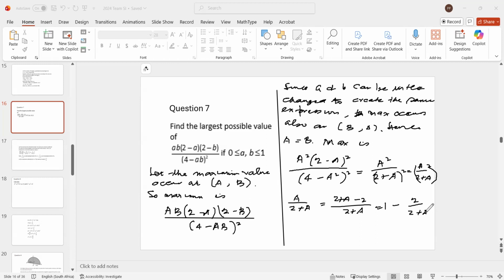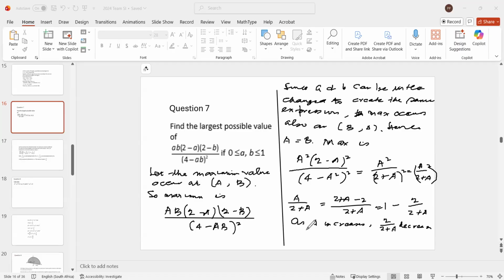All right, you notice that you want this to be as large as possible. So as little a increases, then the fraction 2 over 2 plus a decreases, because the denominator is increasing.